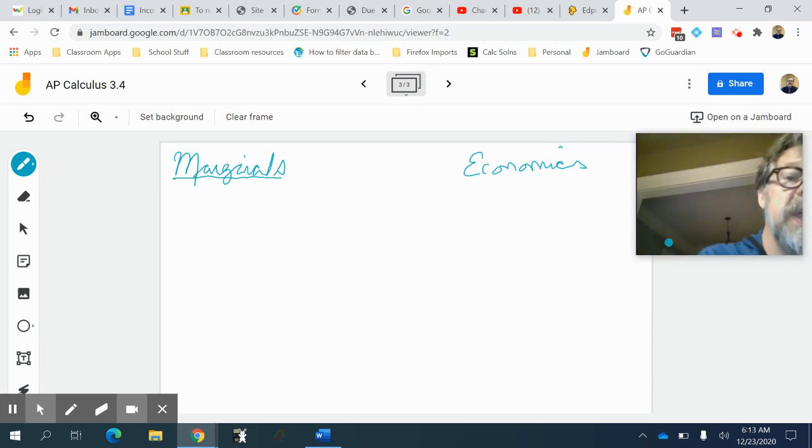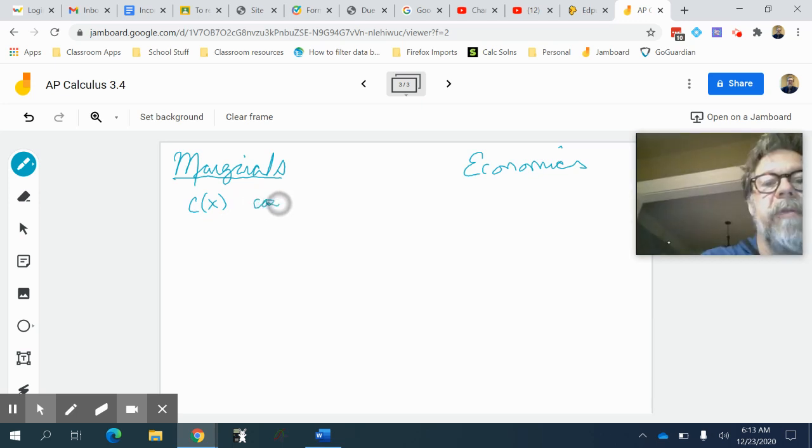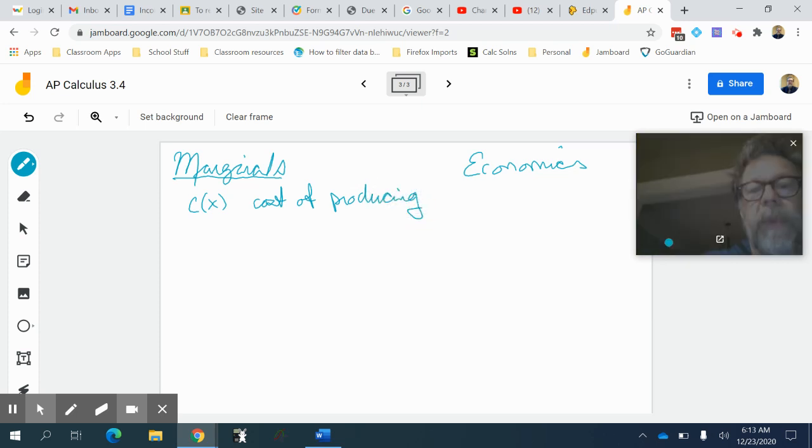So let's say that the function C of x is the cost of producing x units of something.